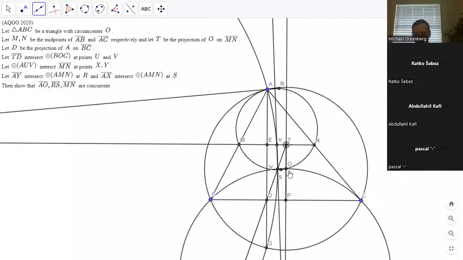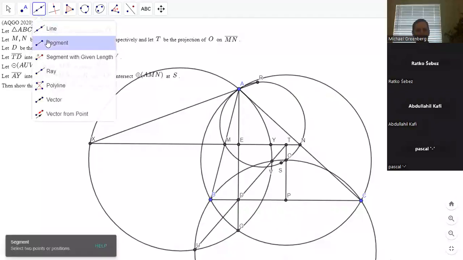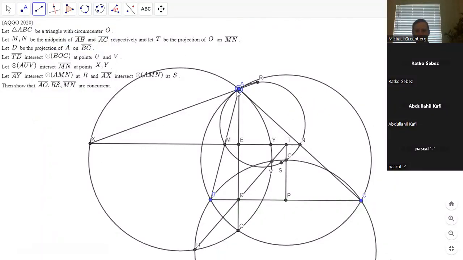Oh, I don't think it is. No, those are not parallel. Because I was going to say, by symmetry, wouldn't YUOT have to be a rectangle? So, okay. So we want to draw AY. So maybe it's not two problems in one.